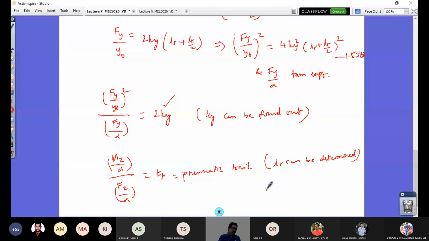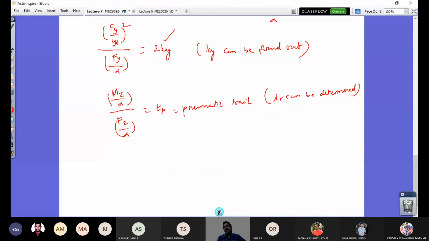So Lt value is known. So this is how you would make use of this determined expression from Temple and Monshippi theory. Ultimately, we end up with these values in terms of ky, Lr, Lt, and ky and Lr are typically difficult to find out. So how do you find them? You conduct some simple experiments.